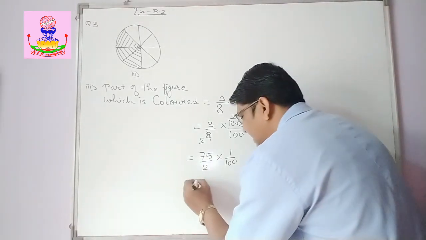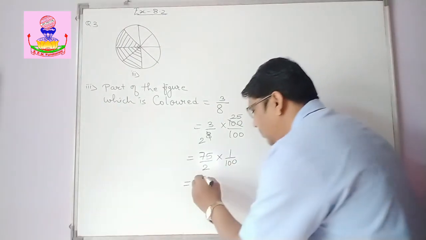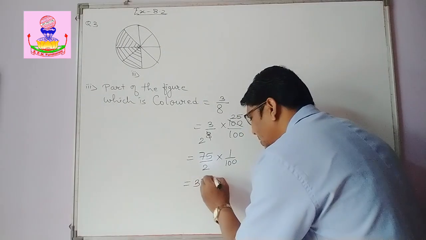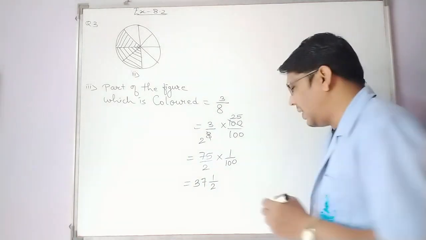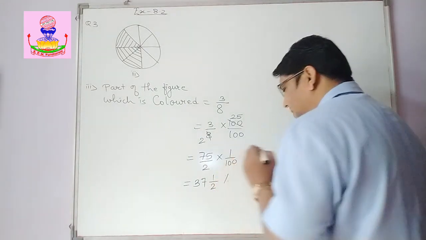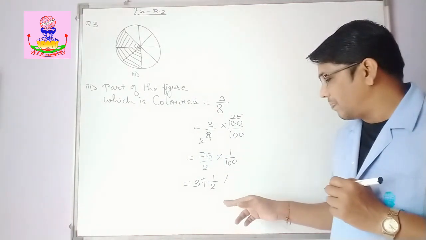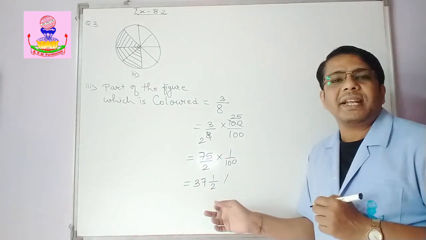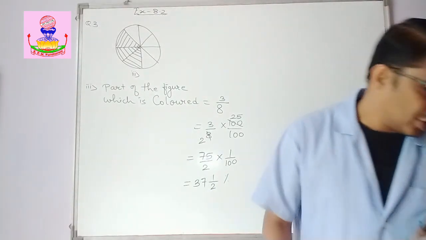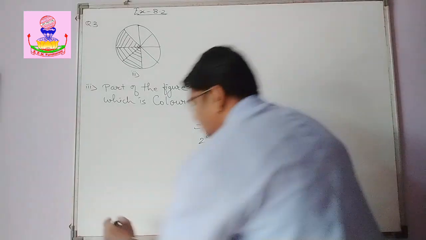Now divide this. Okay. Now we know that this is not completely divisible. So 2 3s are 6. 1 remainder. 15. 2 7s are 14. 1 remainder. So keep it as it is. So 37 integers, 1 upon 2. Okay. And 1 upon 100 becomes percent. So how much part is painted or shaded? 37.5%.